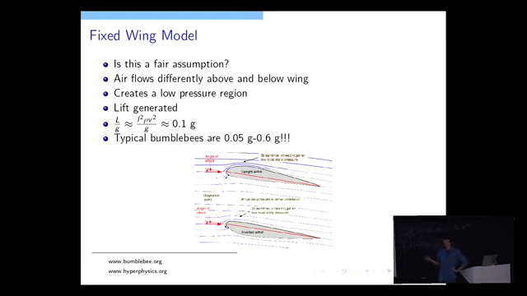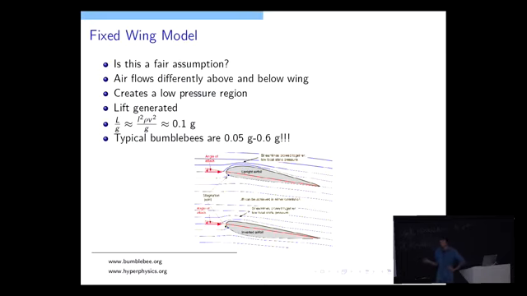This lift that is created is roughly proportional, this is very rough actually, to the length of the wing squared times the density of air times the velocity of the bee squared. And using the numbers I showed earlier, that's about 0.1 grams. In reality, this is probably an overestimate.